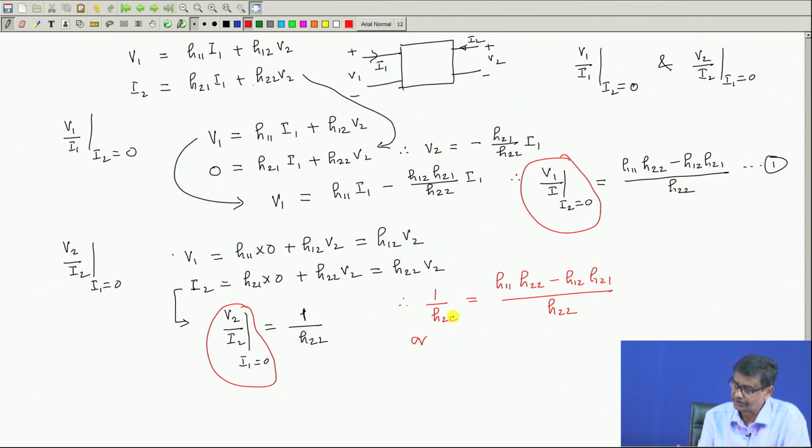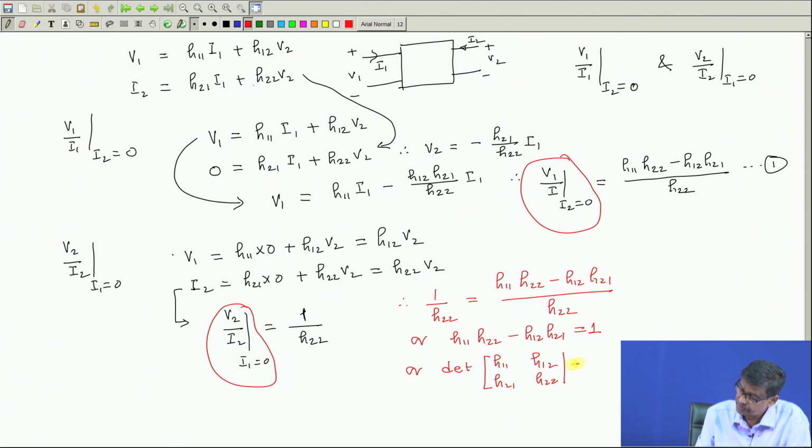I mean H22 cannot be 0. Therefore, the condition is H11 H22 minus H12 H21 must be equal to 1, or I will simply say the determinant of this matrix H11 H12 H21 H22 must be equal to 1.